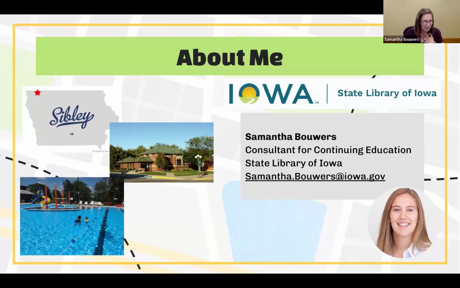One of my other favorite assets in Sibley is the community swimming pool. Sibley, for as long as I can remember, has had a nice pool, and over the years they've just improved and improved on it. Every time I've been there, there have been busloads of kids from all over the area using the pool. If I'm in the town of Sibley, I'm thinking, now we have a busload of kids from Worthington who come down here to use our pool.